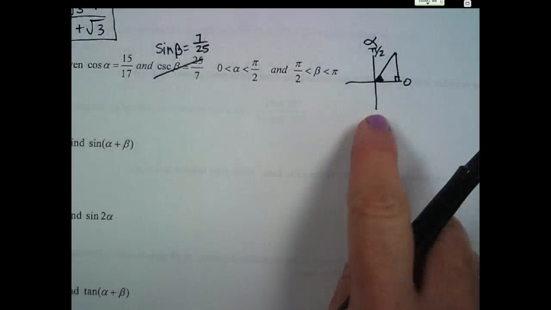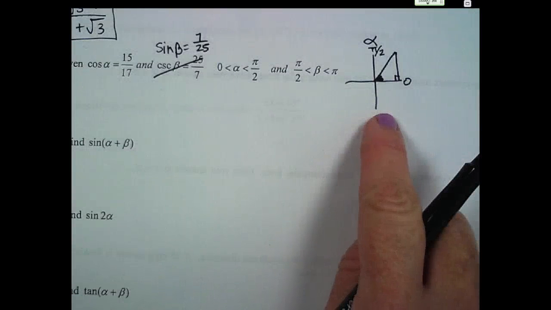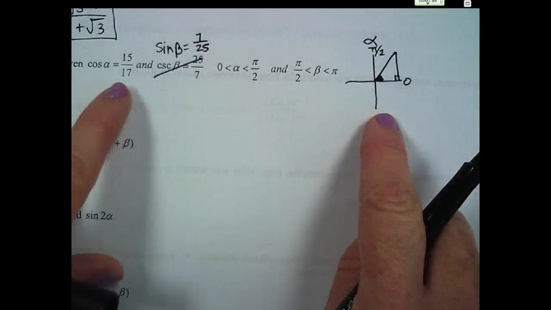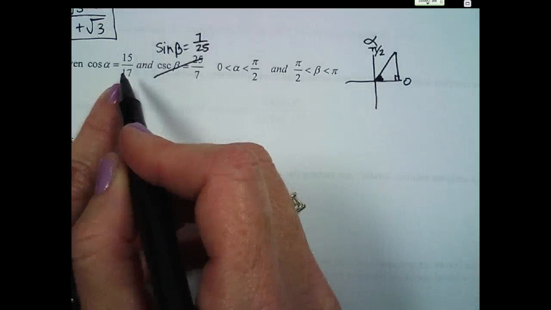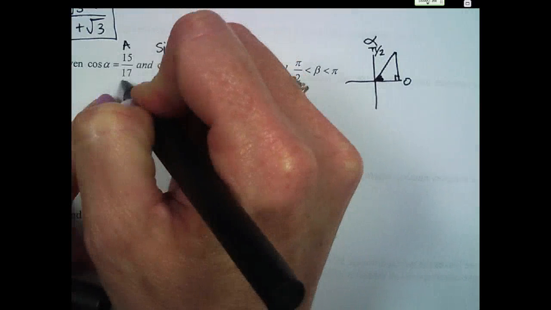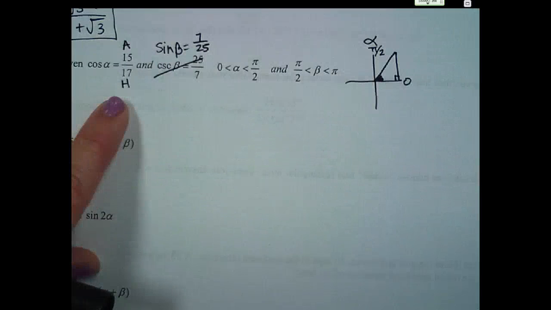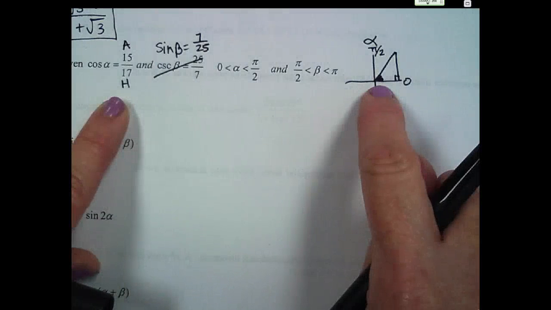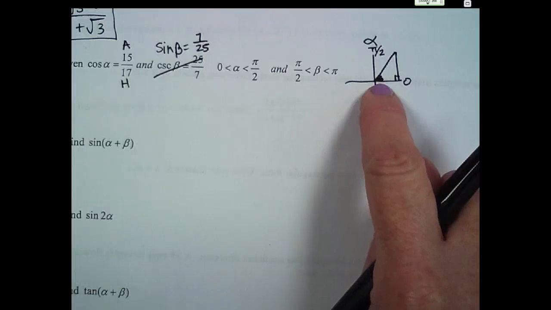And because this is alpha, this is the information it gave us about alpha, cosine. Cosine's adjacent over hypotenuse, right? And I'm talking about that angle right there that I shaded. We always remember adjacent's always the x-axis.